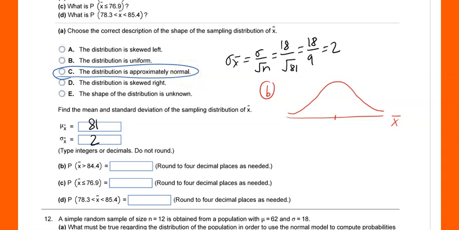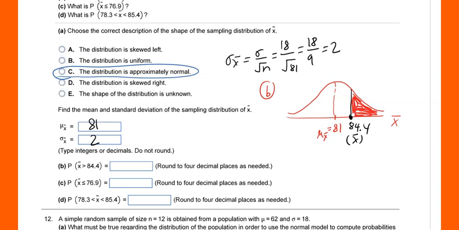The center is 81, which is the same as mu x bar, which is the same as mu. Now we're looking for the probability of x bar greater than 84.4. 84.4 is somewhere here, and greater means this area.